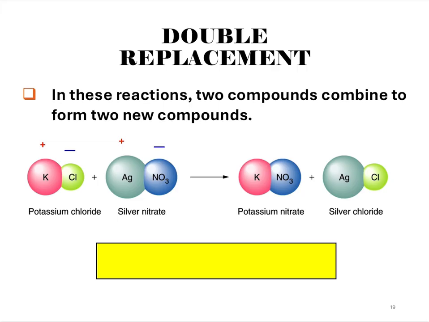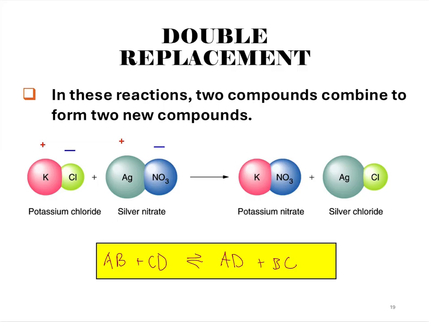All right, so this is of the form AB plus CD goes to AD plus BC. You can write those in any order in just generic alphabet, it doesn't make a whole lot of sense. Usually whatever the cation is, we're going to do first.